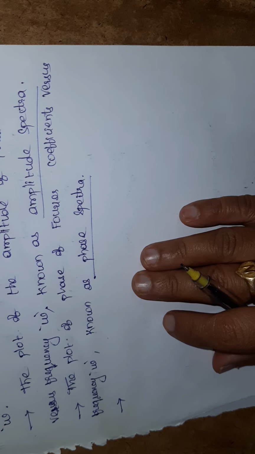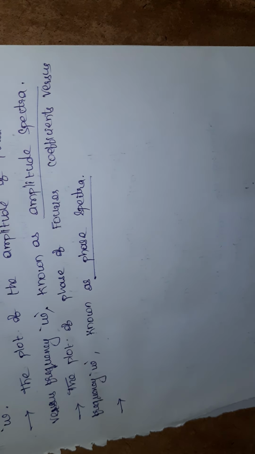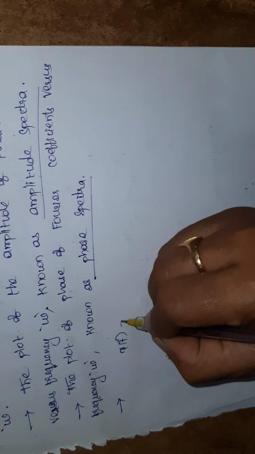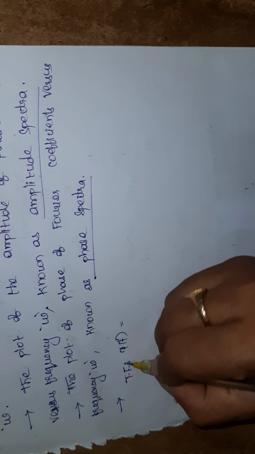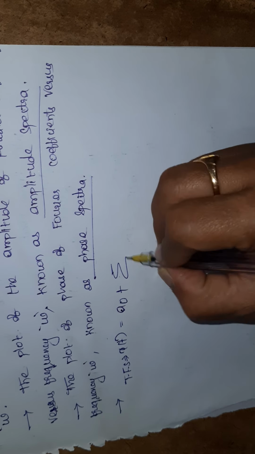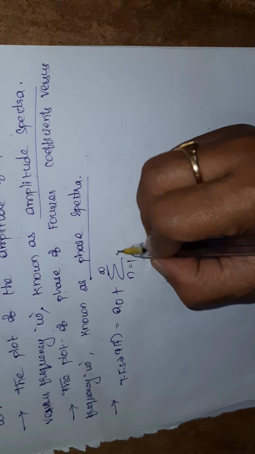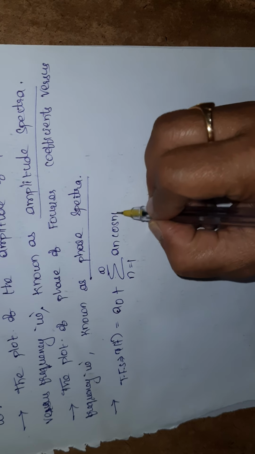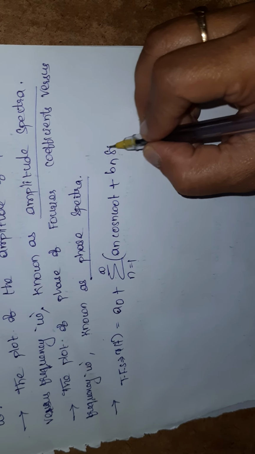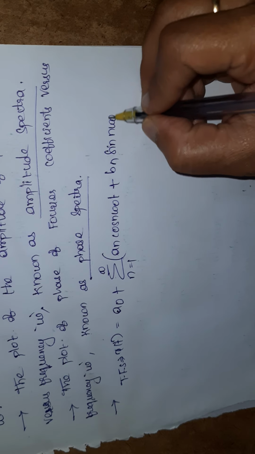What is the trigonometric Fourier series equation? x of t is equal to A0 plus summation n is equal to 1 to infinity An cos n omega naught t plus Bn sin n omega naught t.